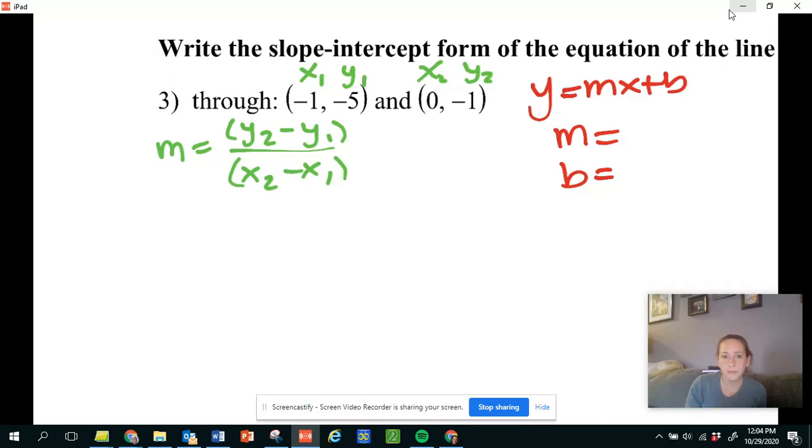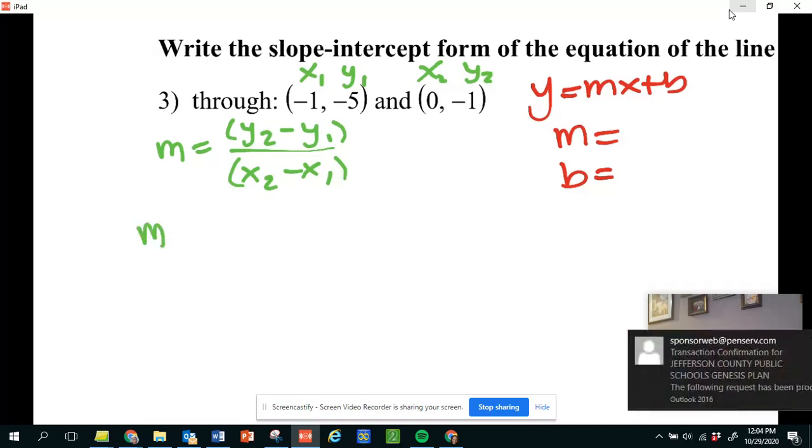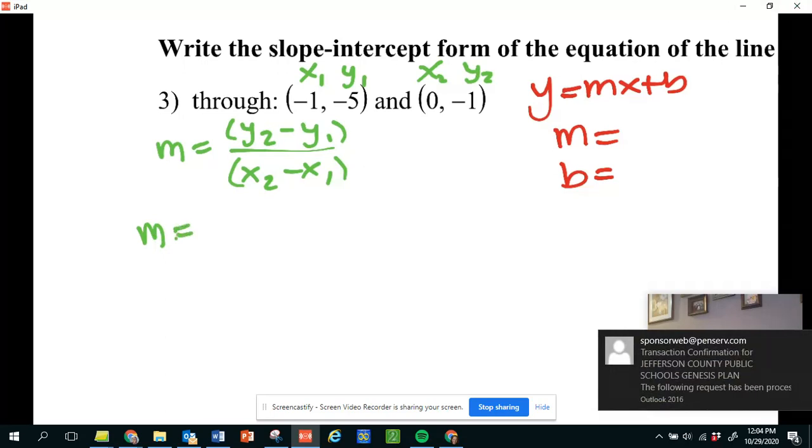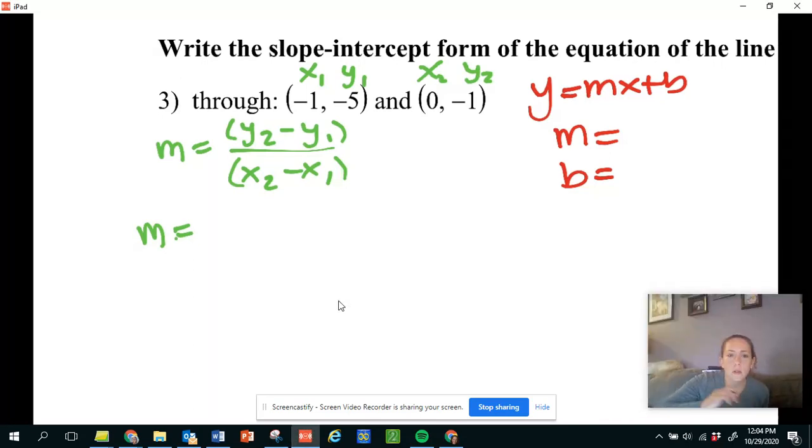So in this case, I will get -1 minus -5 over 0 minus -1.